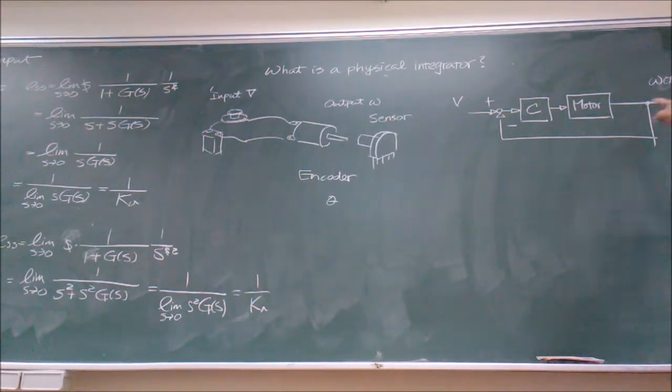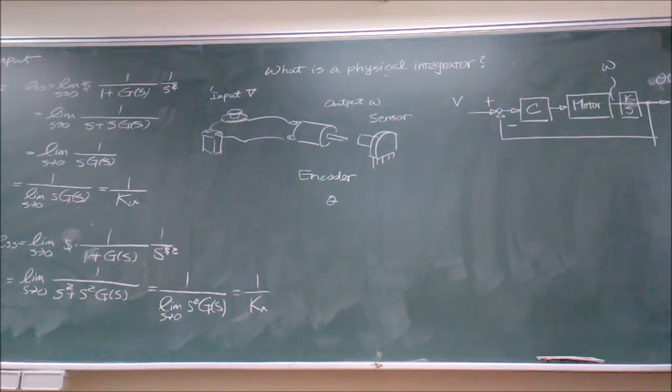If I just put something like this, it's going to be omega, the angular velocity. But if I put an encoder in front of this one, what am I measuring? I'm measuring theta. It might have a gain, but no matter what, it's going to be an integrator. So if you control this part, it's omega. But if you want to read its position, you need to find a sensor which is an integrator.